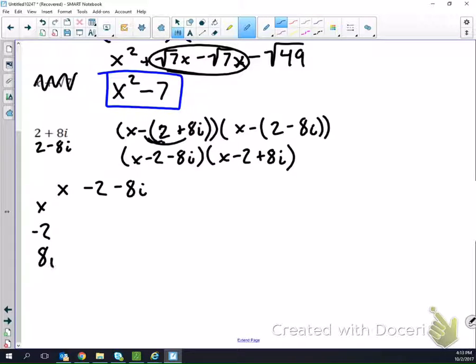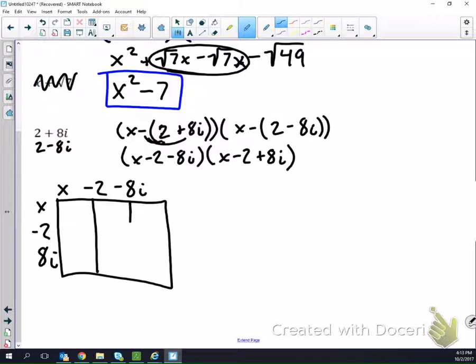You can just do this using a good long distributive property, but I find that writing it out with all of these boxes helps me to keep it organized. So x times x is going to be x squared, negative 2x, and then negative 8xi. Negative 2x, negative 2 times 2 is 4, positive 16i.